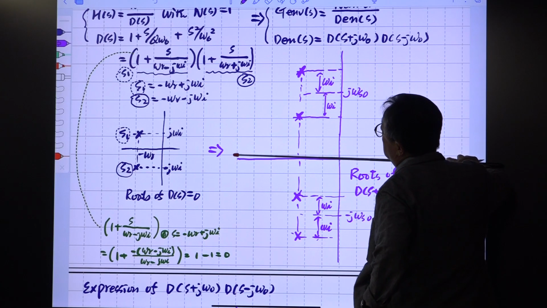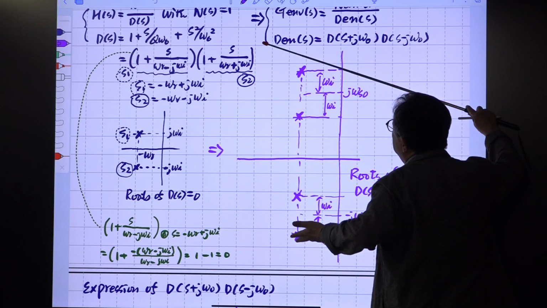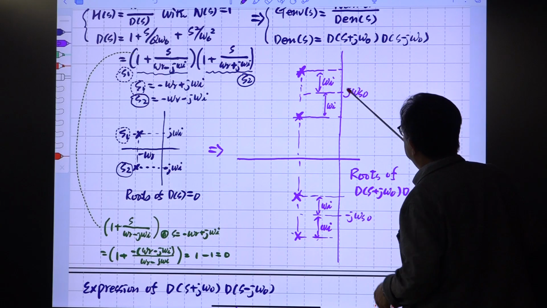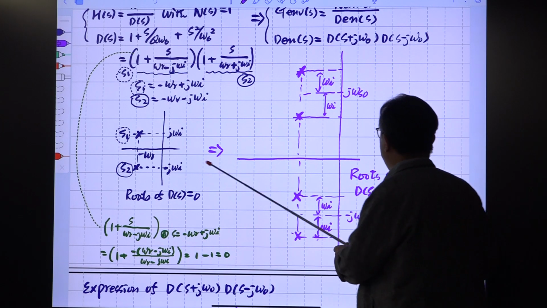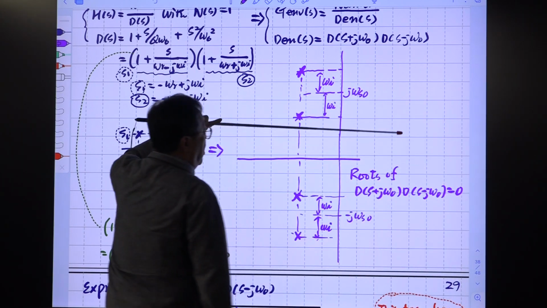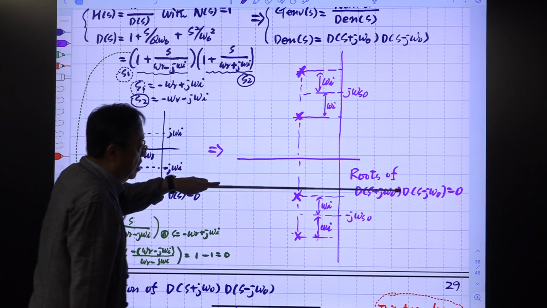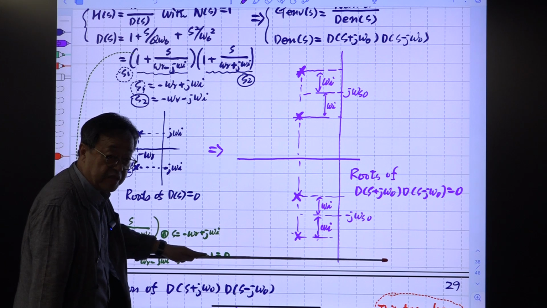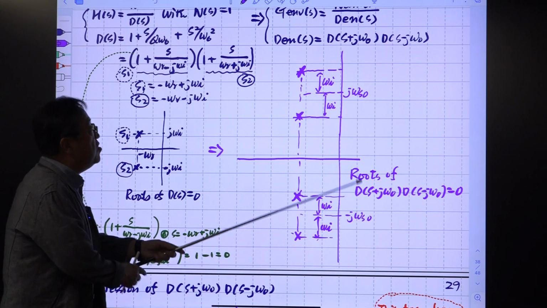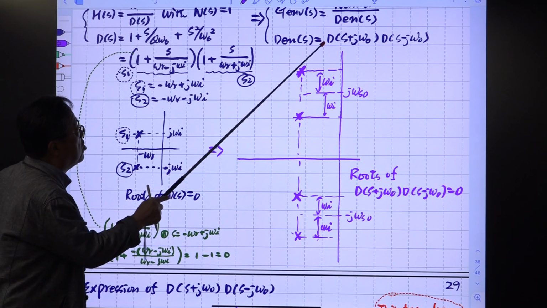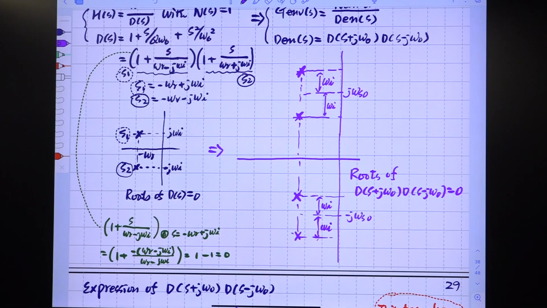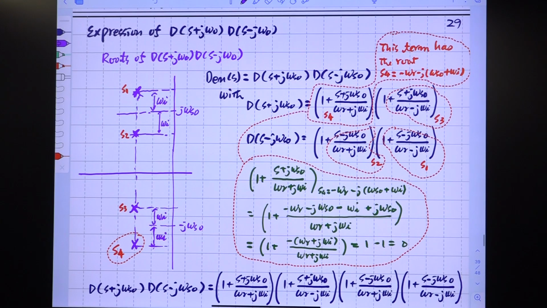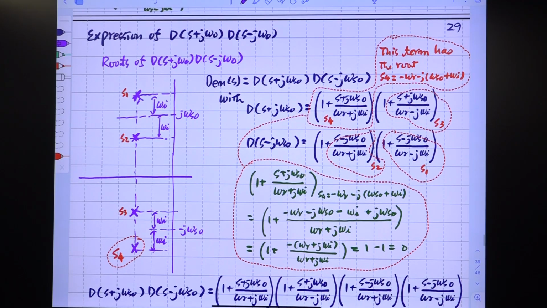We only shifted up 2 poles here. This is raised this much, j omega s0, the unmodulated switching frequency. So this is the equation of the denominator of G_EV(s), and this equation is simply written in this manner.